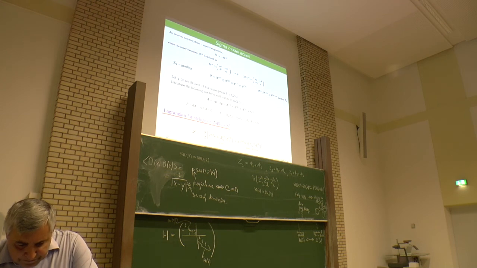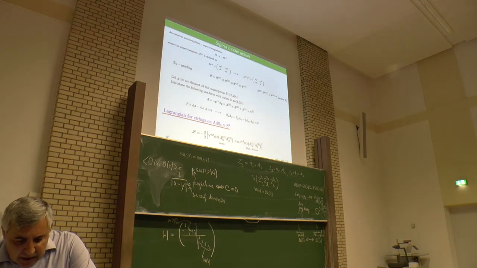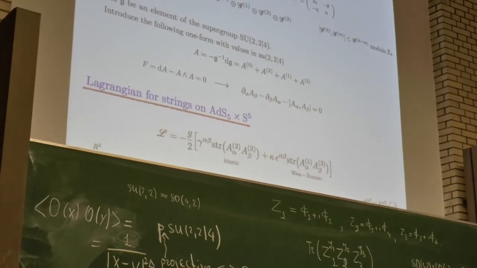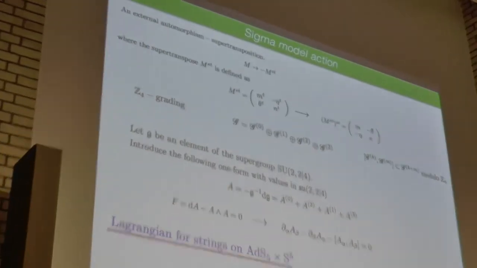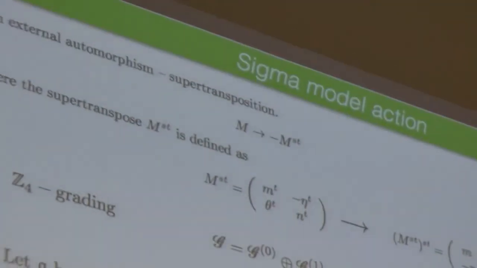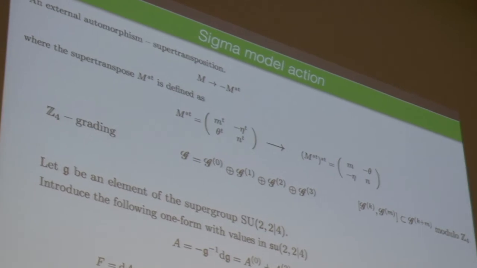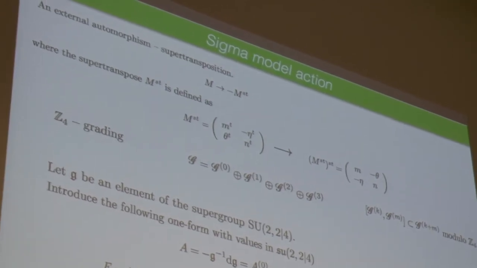Okay. Now, this algebra has an external automorphism called supertransposition. So matrix M goes to minus M supertransposed. Supertransposition is defined here, so this is the definition. You basically transpose the matrix, but on top of that you put an extra minus in front of eta.